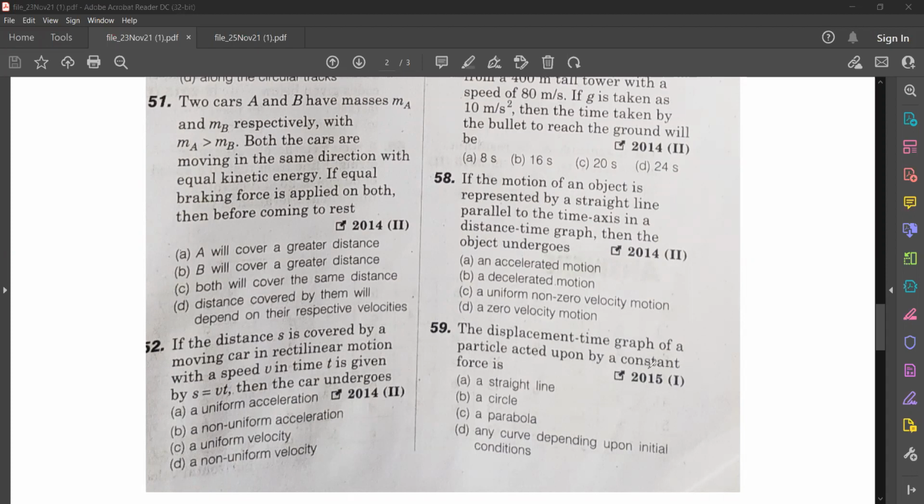Displacement time graph of a particle acted upon by a constant force. What are you getting? Answer is, it is a parabola. Answer is option C.